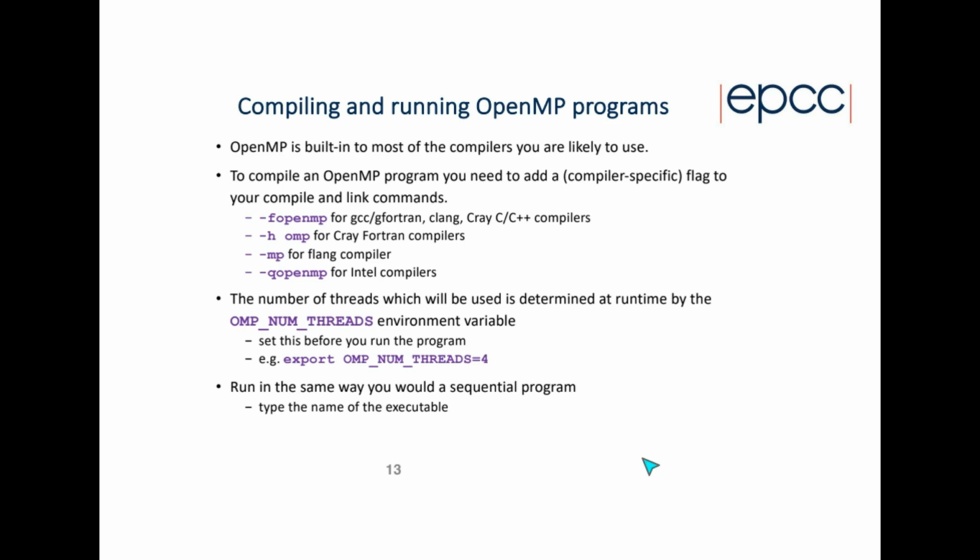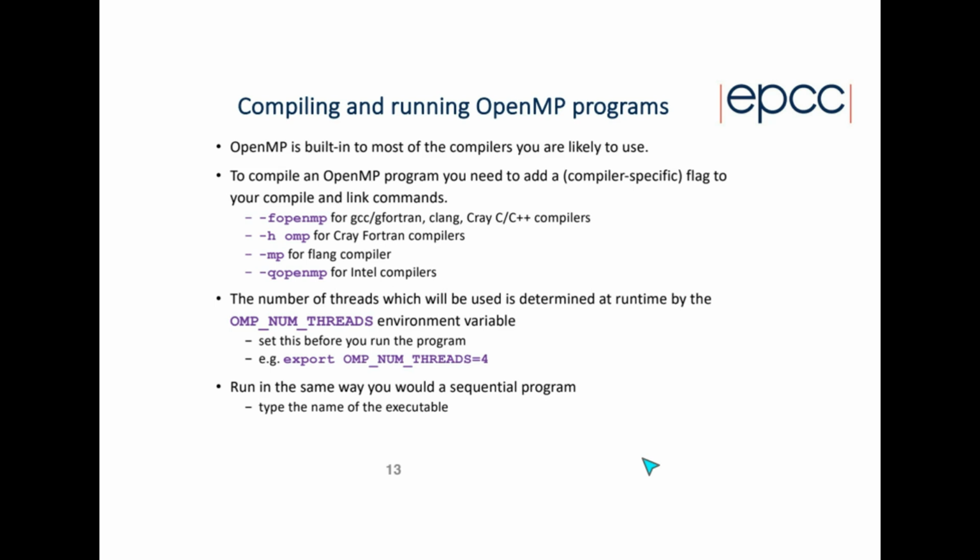For Cray Fortran, it's -homp. For Flang, it's -mp. For Intel compilers, it's -qopenmp. So you just have to figure out what the right flag is to add to your compile and link commands to enable OpenMP.